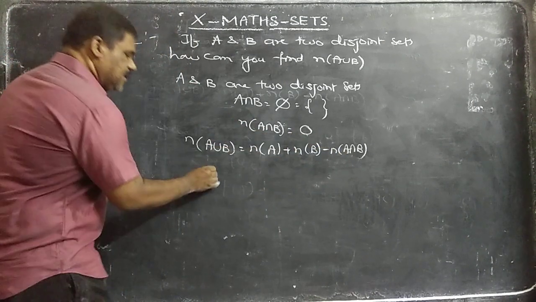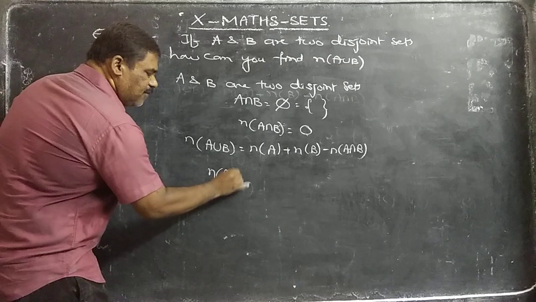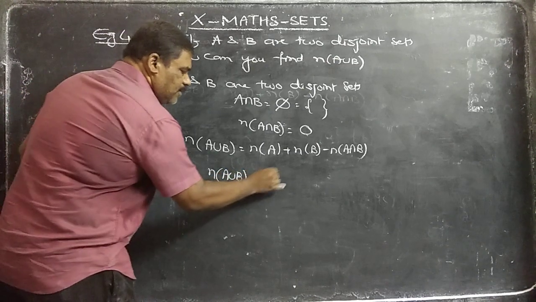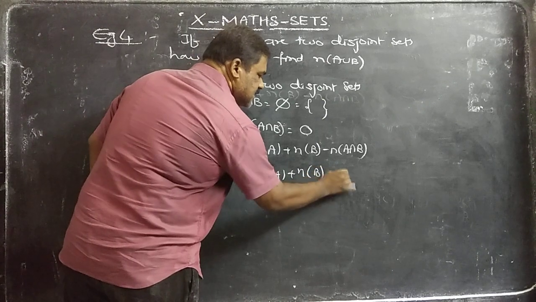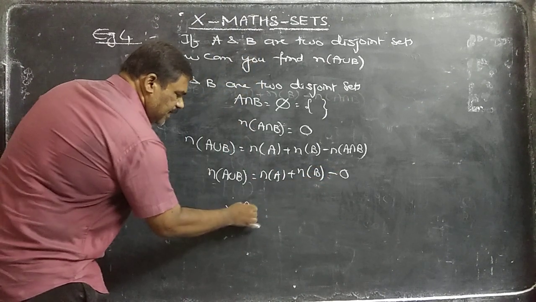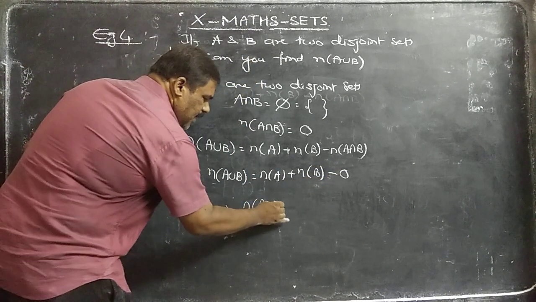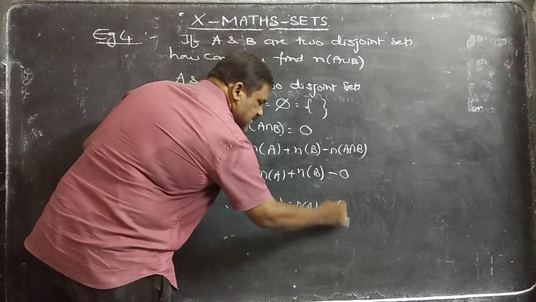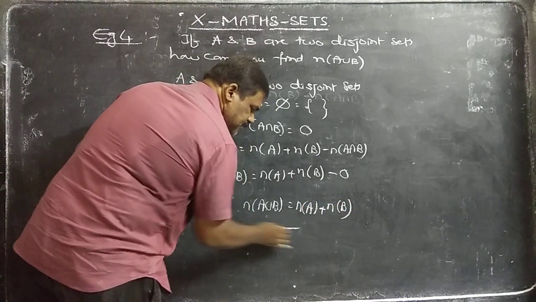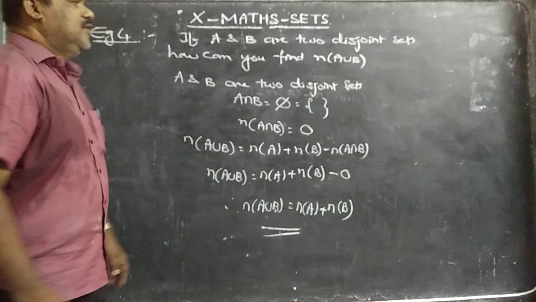So substitute here. Then we will get n of A union B is equal to n of A plus n of B minus 0. Therefore, we can get the formula n of A union B is equal to n of A plus n of B. So like this we have to find out.